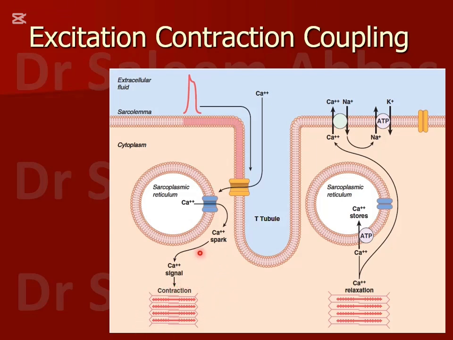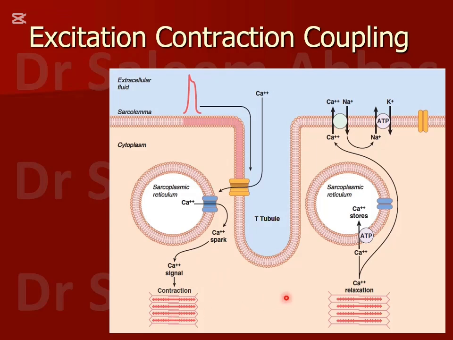So you can say that it is the calcium ion which enters from the outside. The extracellular calcium ions trigger the release of calcium ions from the sarcoplasmic reticulum, and then the calcium level within the myocardial cell rises, which binds with troponin C and causes the process of contraction.